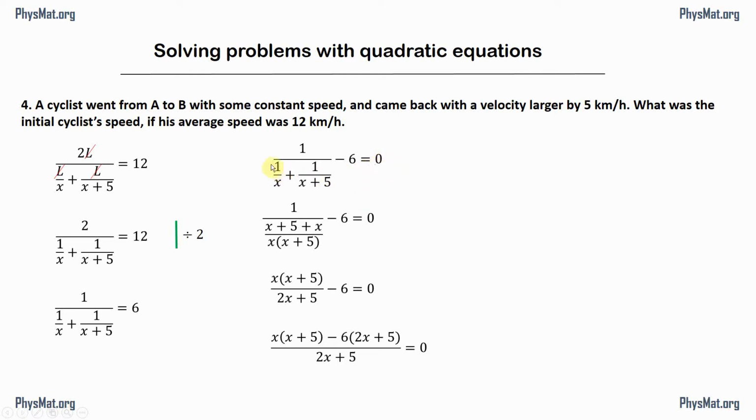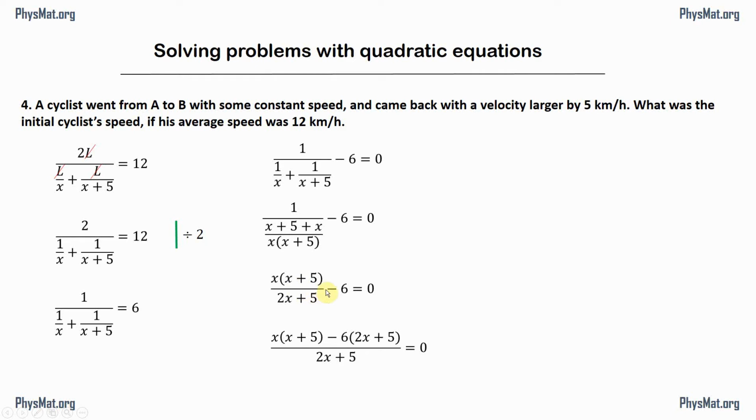And then we first simplify the denominator by cross multiplication. So x plus 5 plus x divided by x times x plus 5. And then, since it is 1 over this, we simply flip over this fraction so that our denominator becomes a numerator and our numerator becomes denominator.